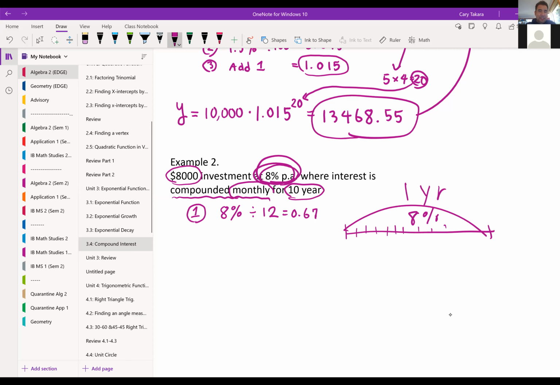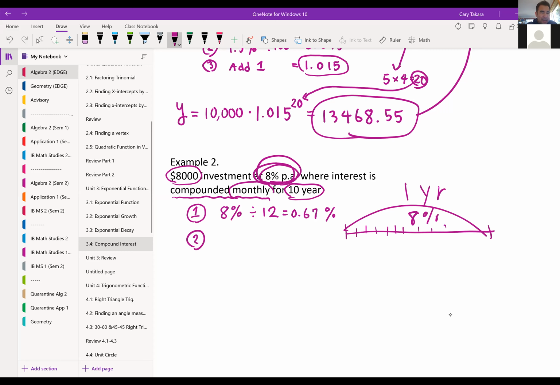So it's 0.67%. You're not even receiving 1%. It's 0.67% for 1 month. But for the next month, you receive that again. And if you add that all together 12 times, you're going to get 8%.